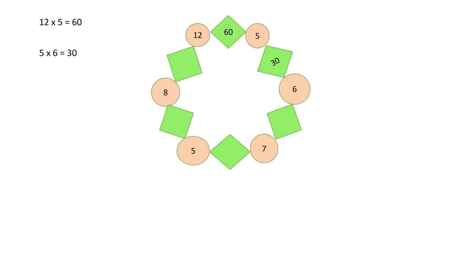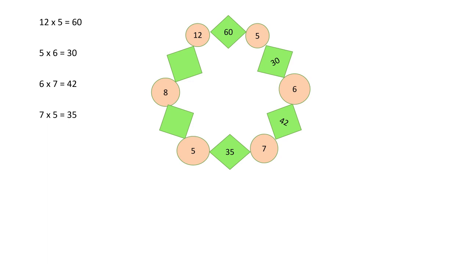Then what will be in the third green box? When we multiply 6 and 7, we get 42. Next one is 7 and 5. When we multiply 7 and 5, we get 35.